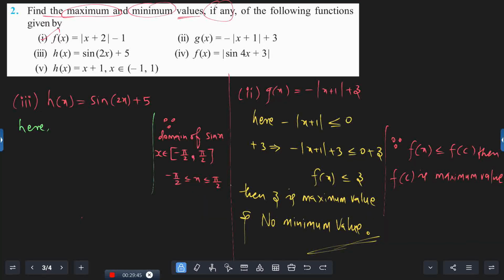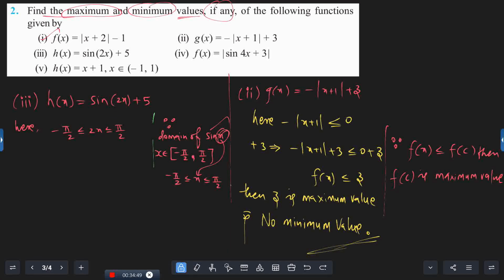Then you take minus pi by 2 less than or equal to 2x less than or equal to plus pi by 2. Here sin x is there, so we write x; here 2x is there, so we write 2x. That's it. That is the domain.